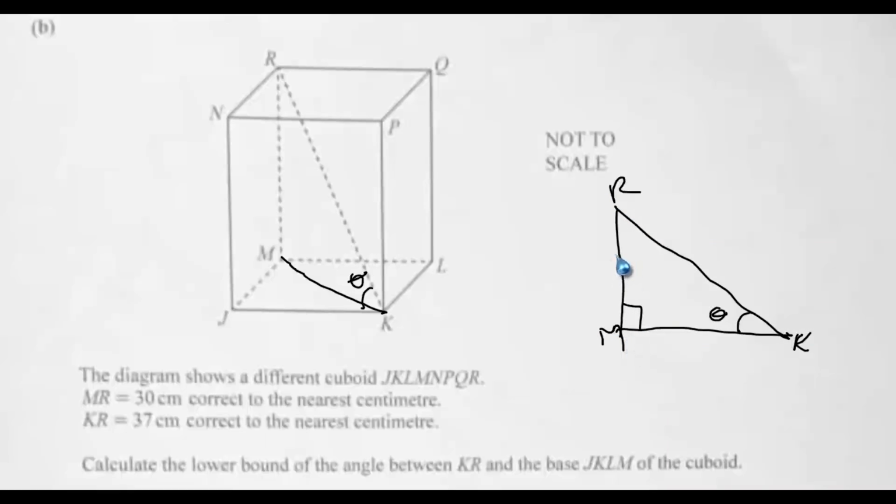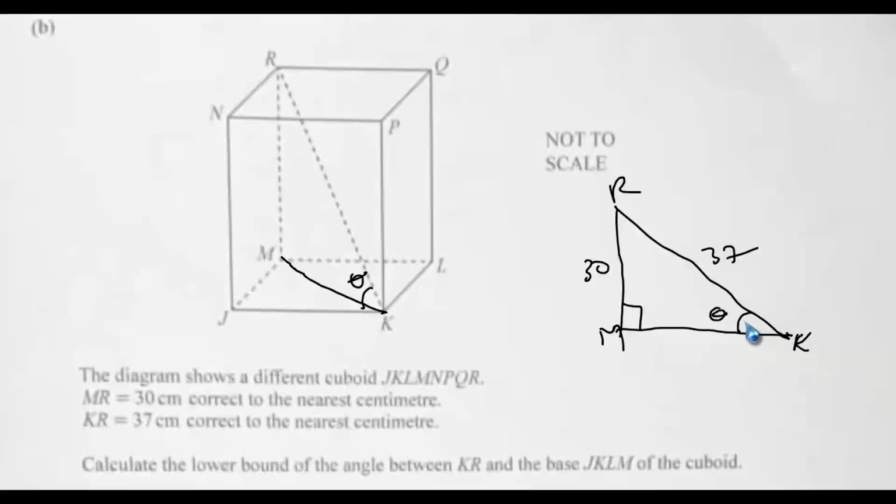So MR is given as 30. Then KR is given as 37 centimeters. So we want to find the lower bound of the angle between the base and KR. So this is the angle we want to find here.